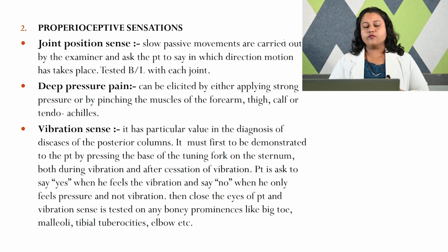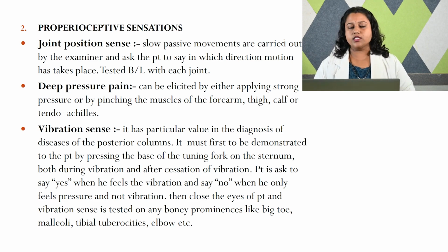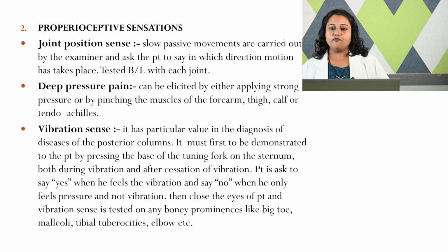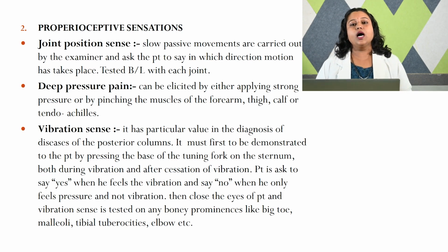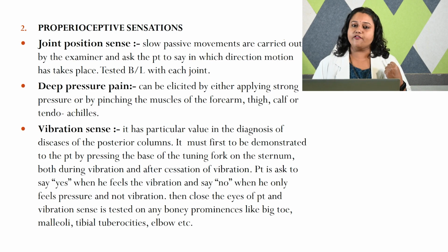So basically what we have to do is perform a movement in the body. Suppose we are performing elbow flexion in the patient. Then the patient has to say, you have performed elbow flexion of my right limb. If the patient is not able to answer, the examiner performs the same movement on the other limb, and the patient has to fold the left elbow.